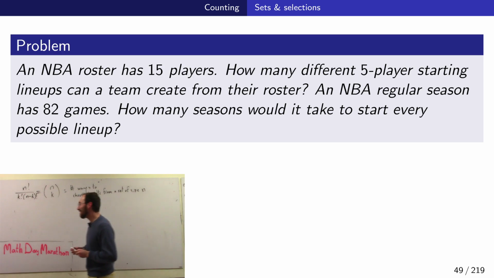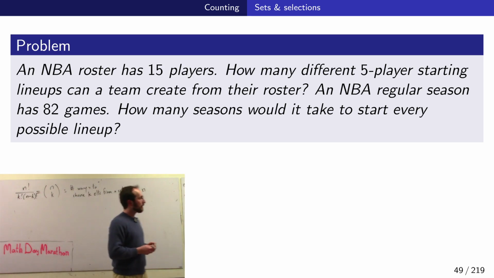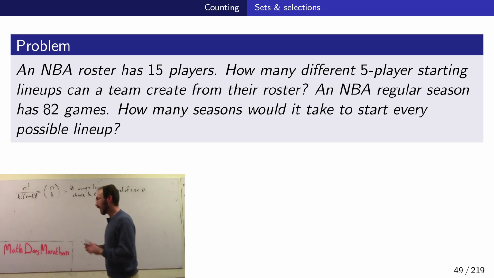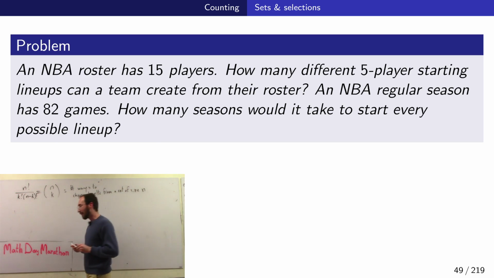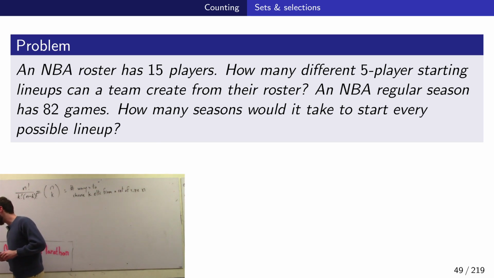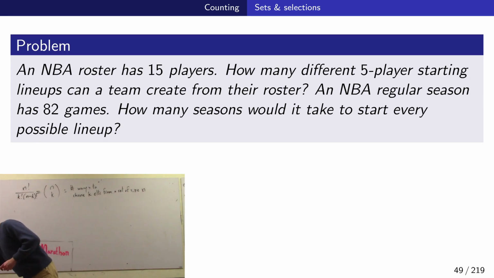So, an NBA roster has 15 players, and both teams in basketball, I do know this, only allow 5 players from each team on the court at any time, and because of that, there's a starting lineup for both teams. So we might ask, how many starting lineups are there for each team?